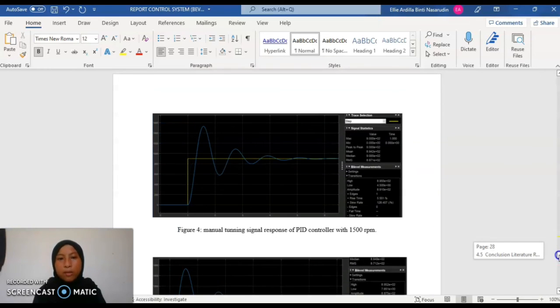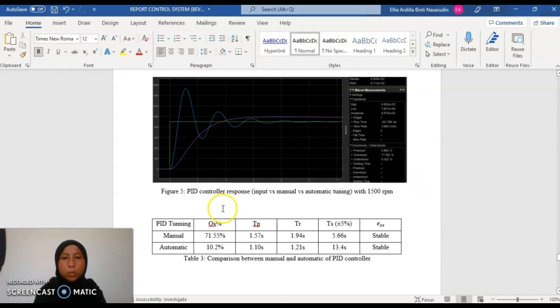And then next we have this figure 4, which is manual tuning signal responses of PID controller with 1500 RPM. So this is the scope. We have the information here, and then this is the PID controller responses, which is input versus manual versus automatic tuning, okay, with 1500 RPM.